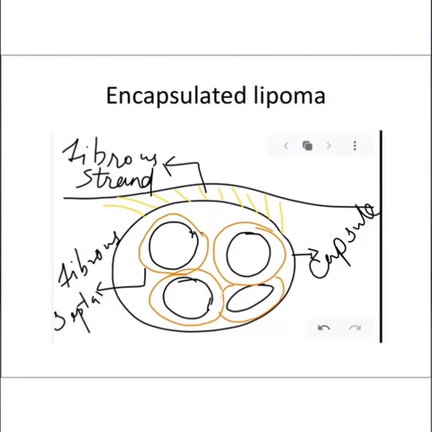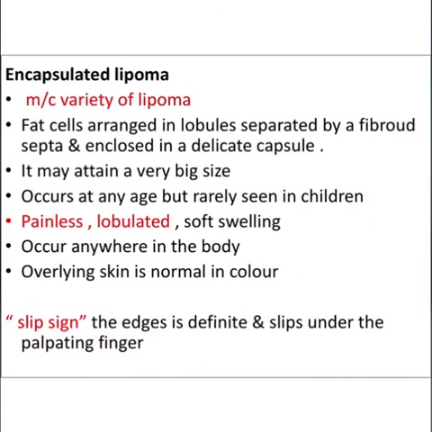Encapsulated means the lipoma is surrounded by a capsule, a fibrous structure. Then it's an encapsulated lipoma. So encapsulated is the most common variety. The fat cells are arranged in lobules, separated by fibrous septa, enclosed in a delicate capsule, and may attain a very big size, or usually they are small, around 3 centimeters to 4-5 centimeters.